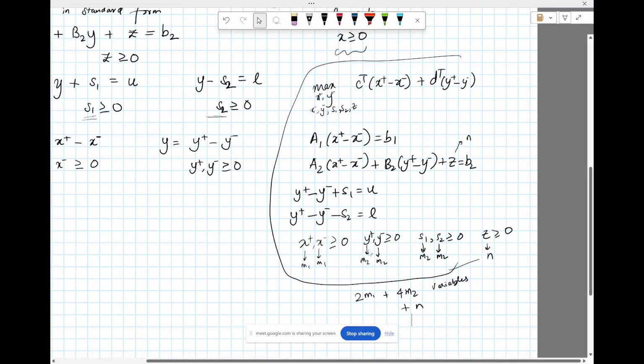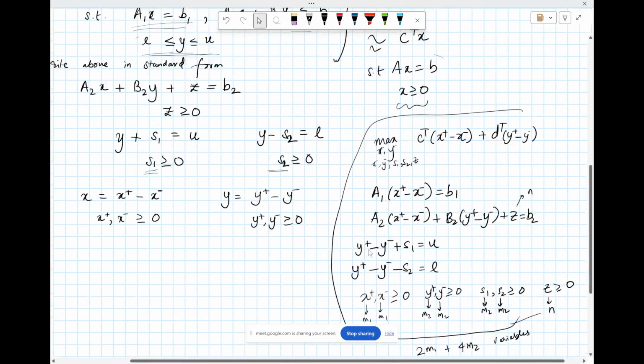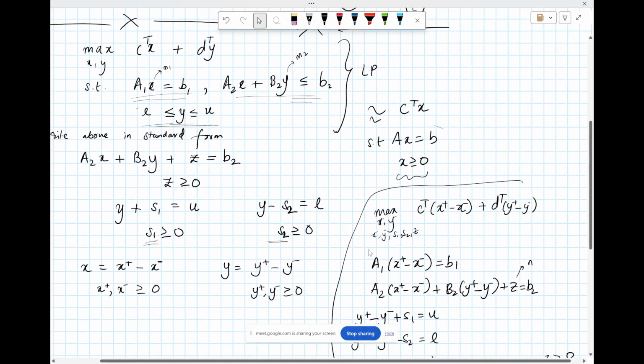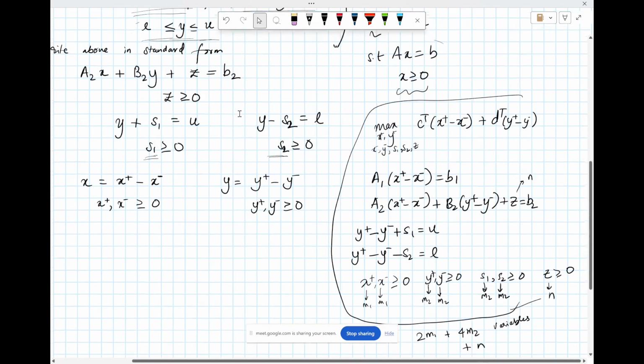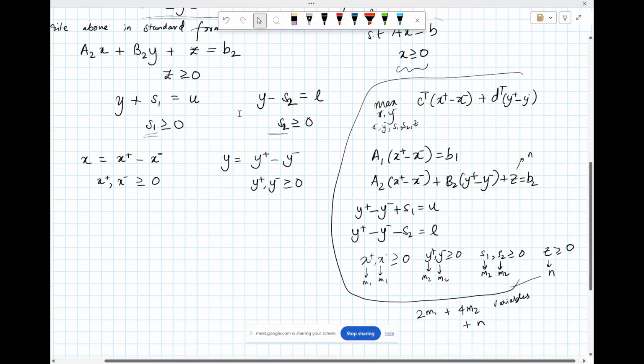So it's quite much more than what we had in the other form. And the number of constraints, if you see, here you have these extra constraints. These inequality constraints are more. The number of constraints is also more in the standard form.